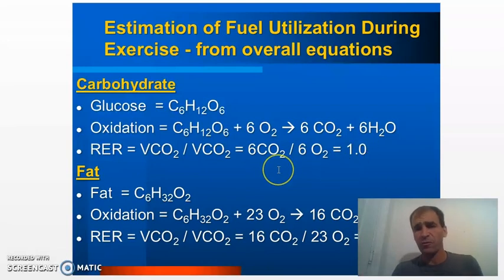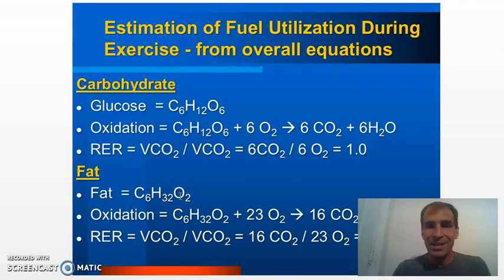Well, let's look at fats. Fats are totally different chemistry. Again, if you remember from nutrition, they're really long fatty acids. They generally have even number carbon chains on them. And so fats are C16H32O2.